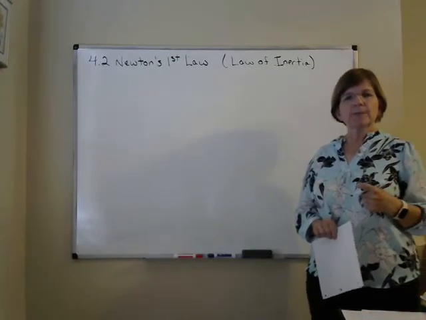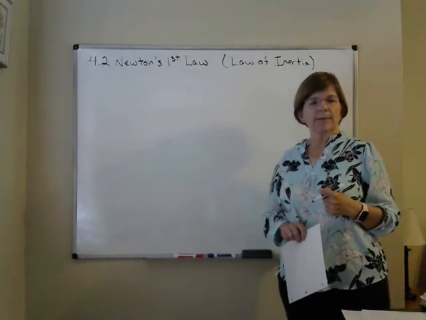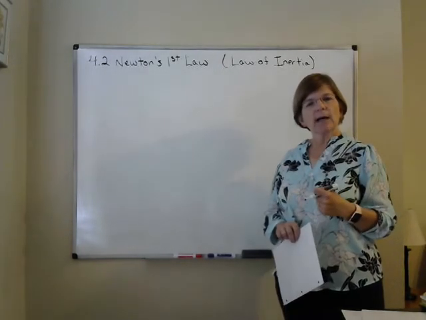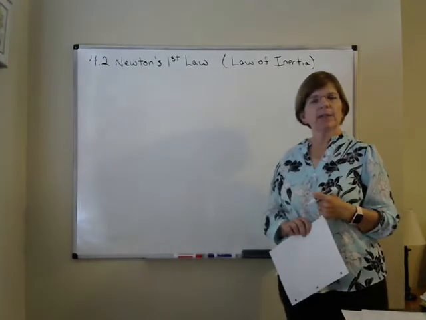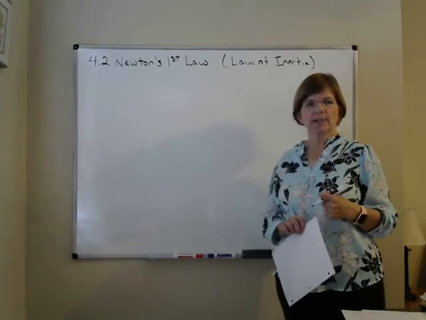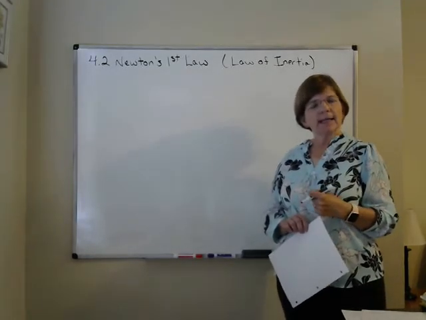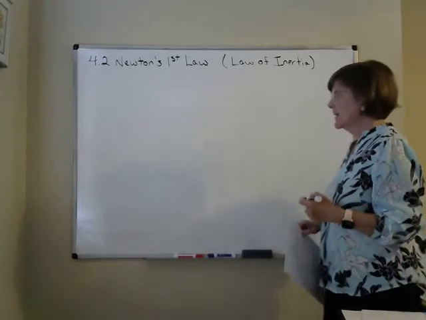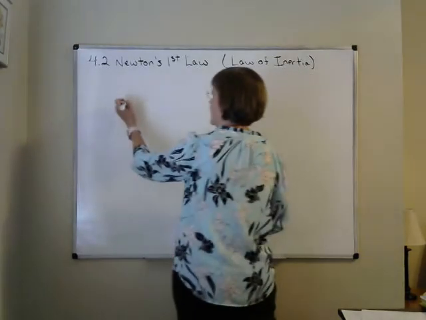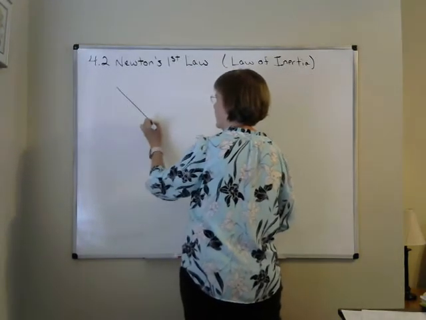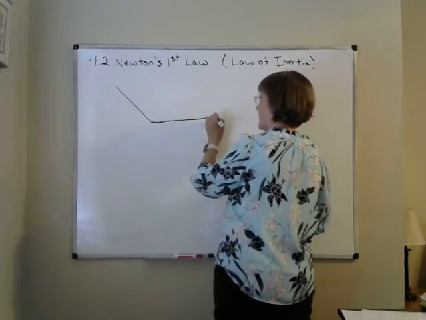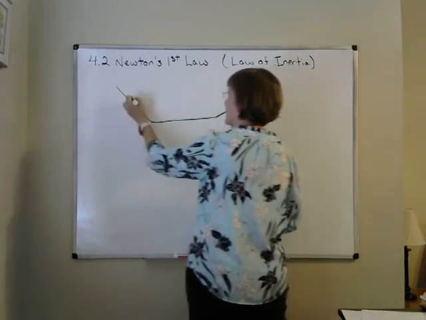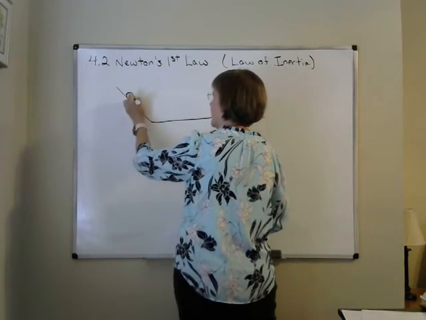But he did an experiment with lots and lots of ramps. And what he realized at the end of his experiment was if he could get rid of all of the friction, that something in motion would continue to move at a constant speed. Think about it like this. Here's what he did. He set up a ramp like this, and he let some marbles or something roll down.